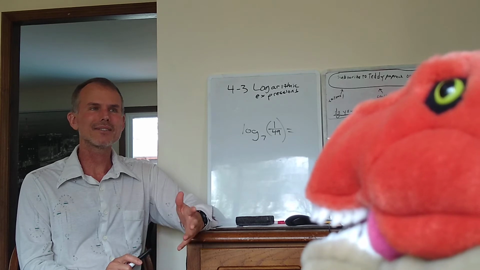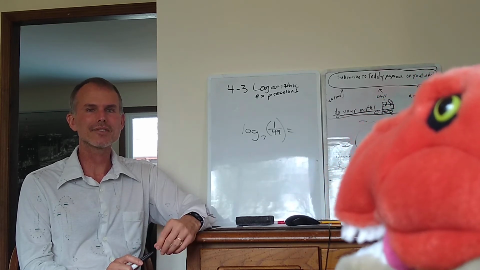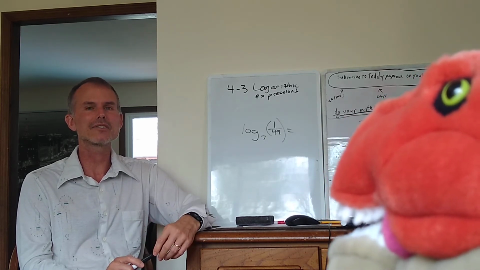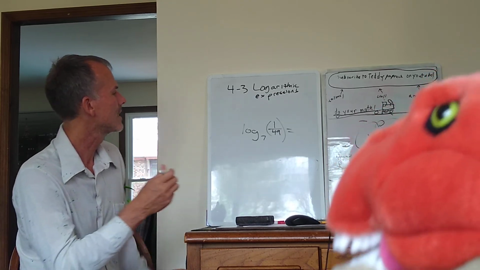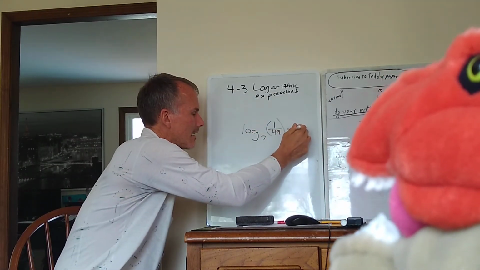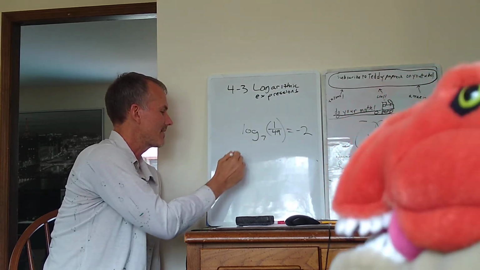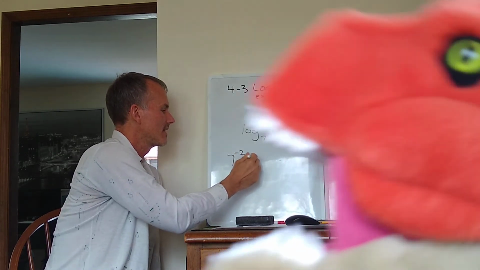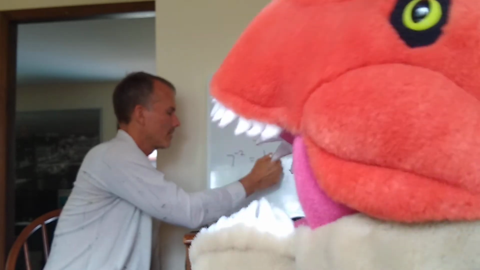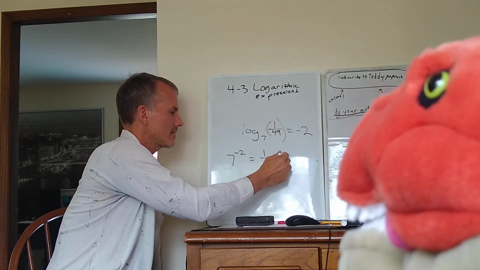So if 7 to the second is 49, 7 to the negative second is 1 over 7 to the second. So the exponent we need over here is going to be a negative 2.